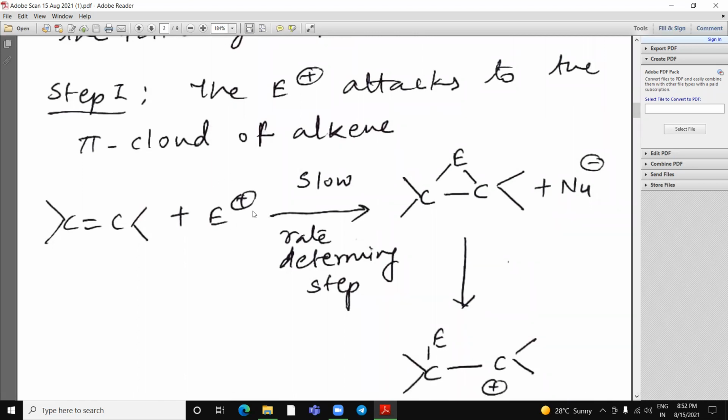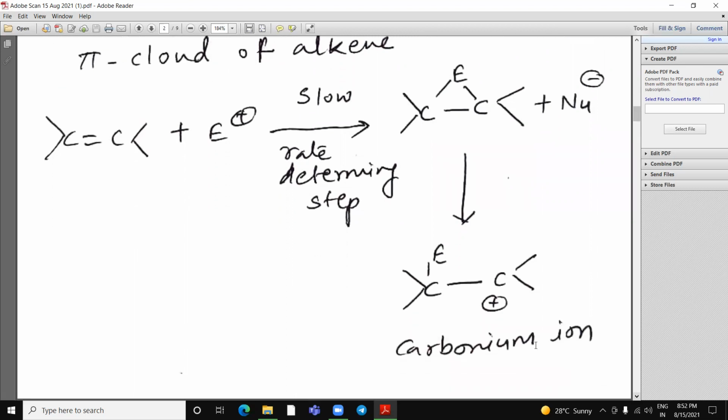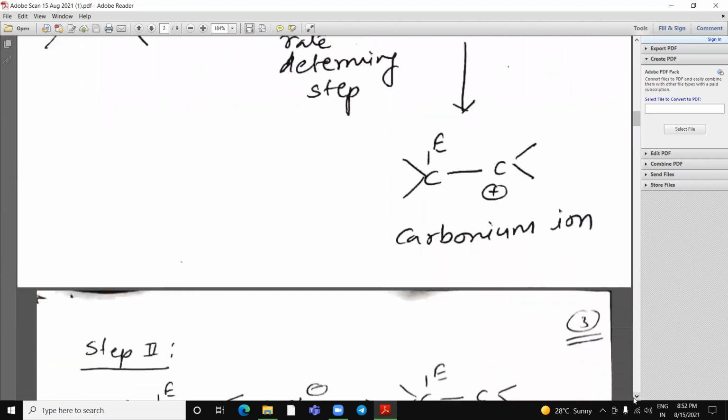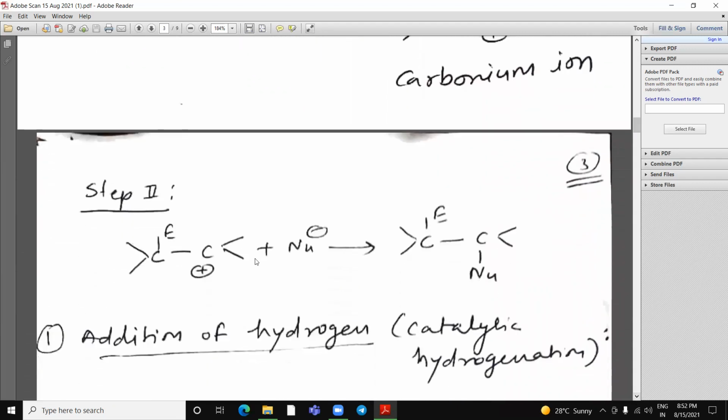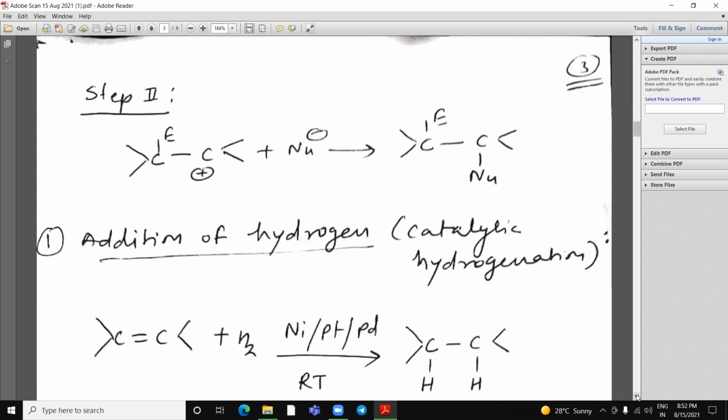See here, electrophile is attacking on the pi cloud of alkene, and this cyclic structure is formed, and then it is decomposed to the carbonium ion. In second step, nucleophile of the reagent is attacking the carbonium part and we will get the addition product.